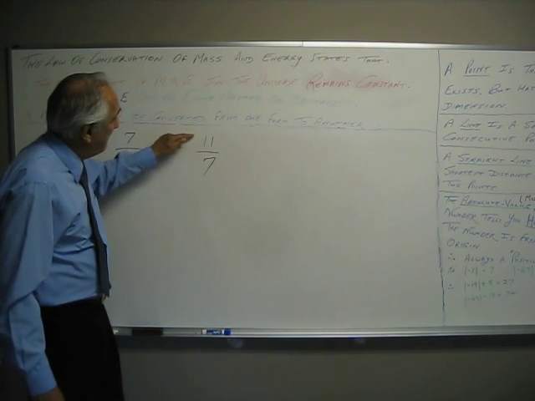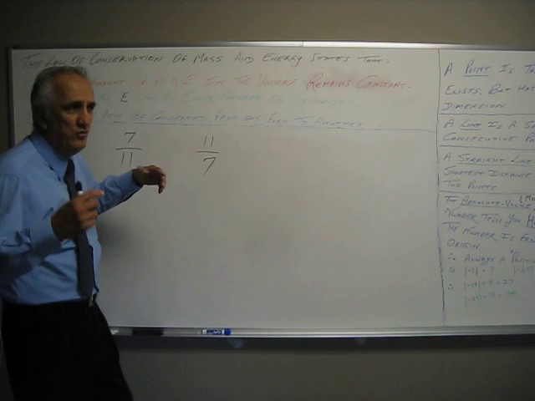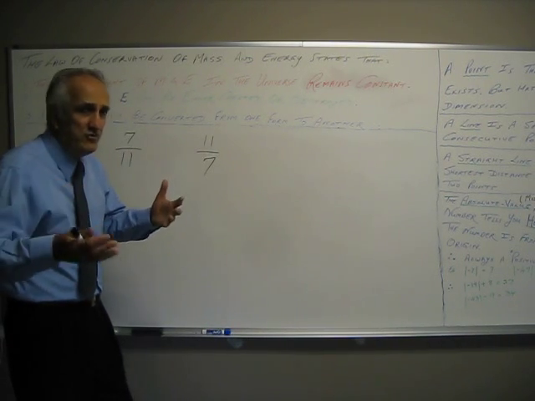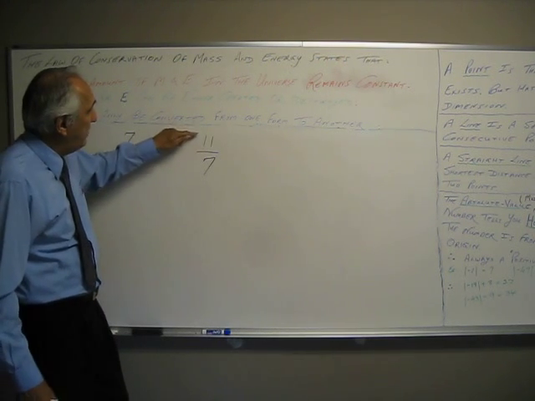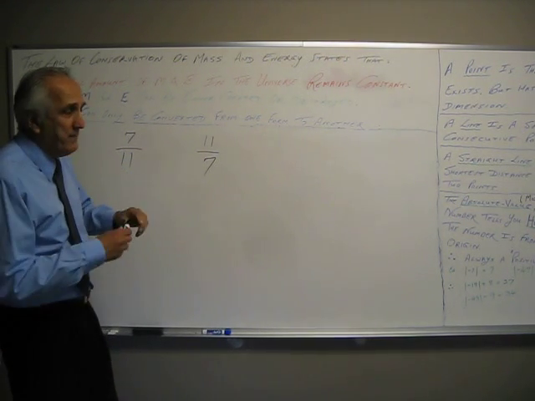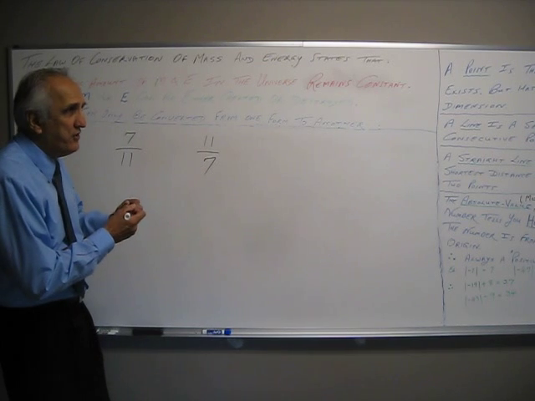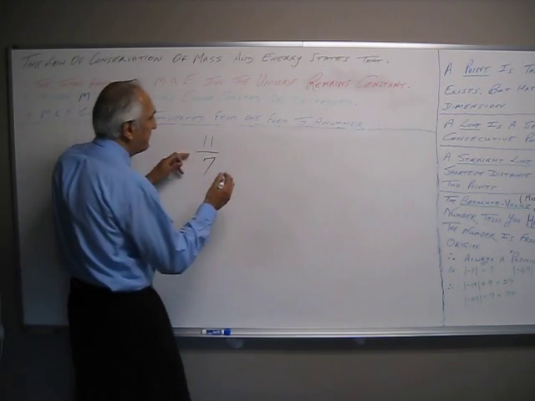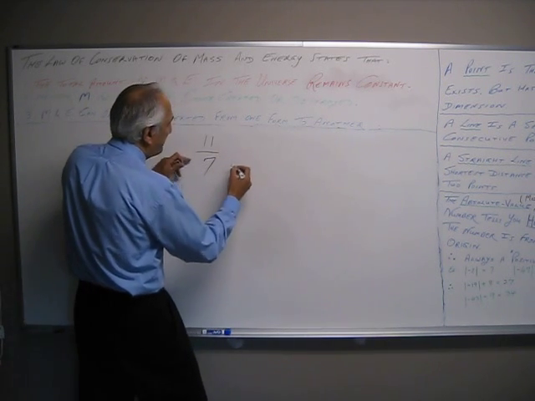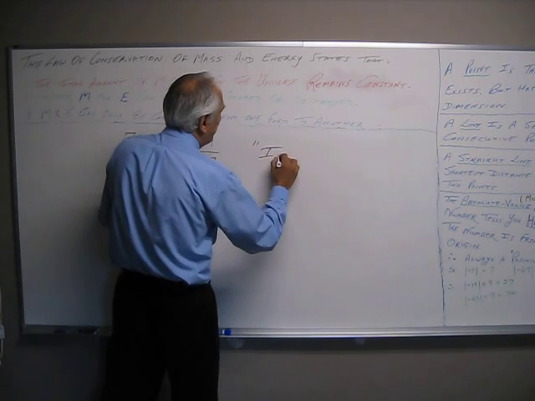Try to verbalize this as 11 out of 7 and you run into a bit of an illogic situation. 11 out of 7? Can't do that. I cannot give you 11 out of 7. And because of this illogic perceived when you try to use the out of reasoning, fractions of this type I call improper fractions.